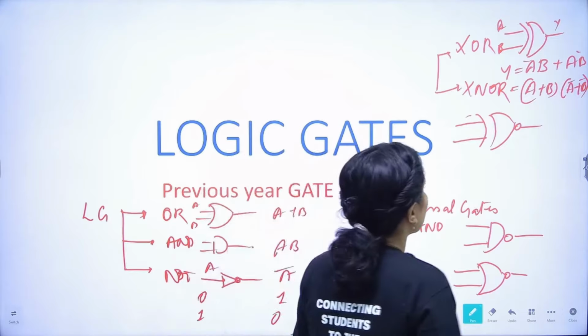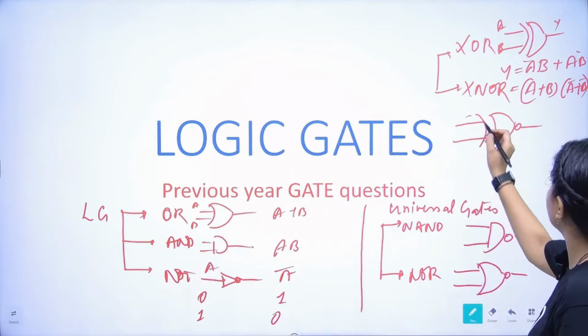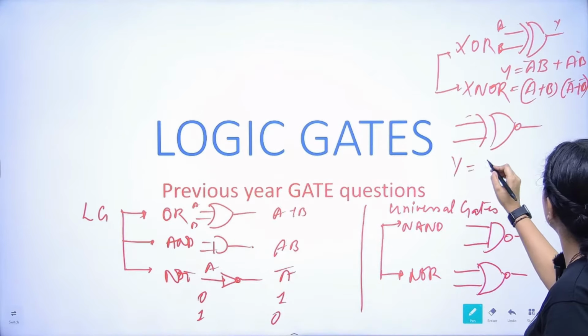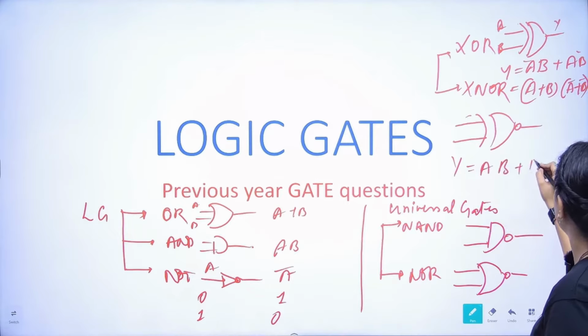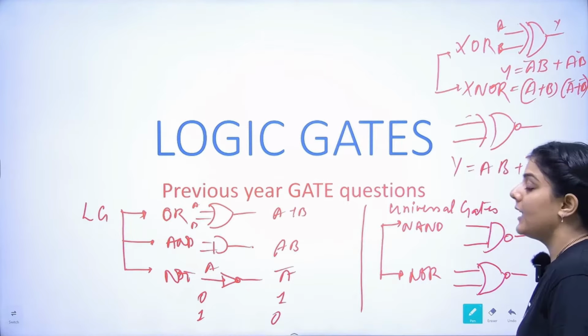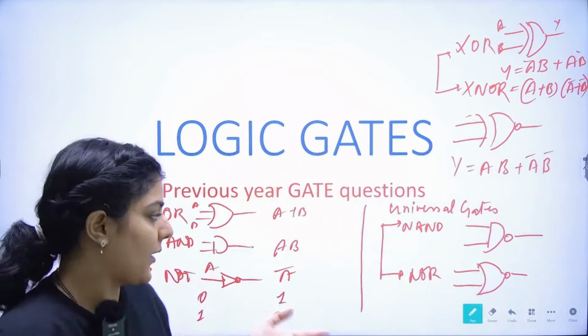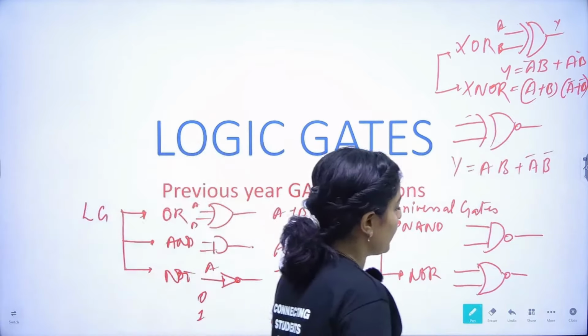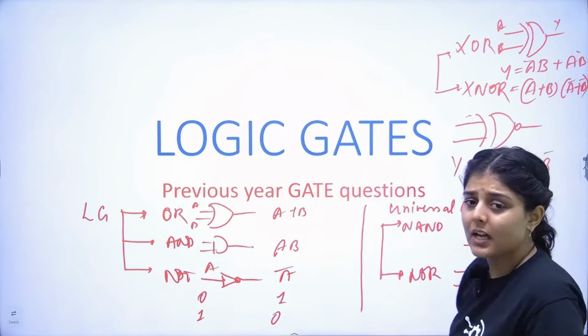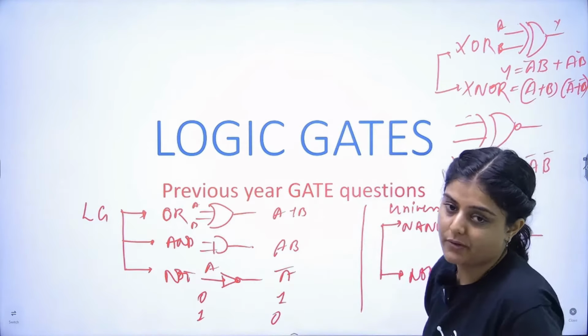Right, and in a similar way we can write the XNOR output as AB plus A bar B bar. So these are all the types of logic gates which we have seen. Now moving on to the questions. This was very basic, which we will be needing in order to solve the questions, right?